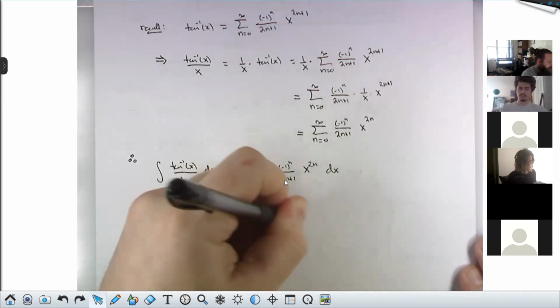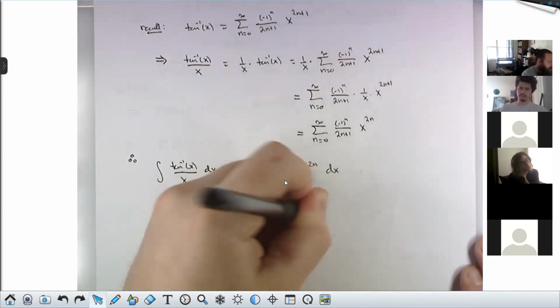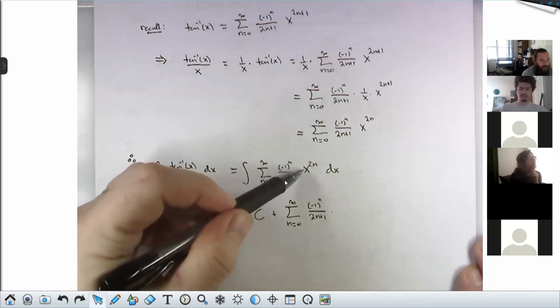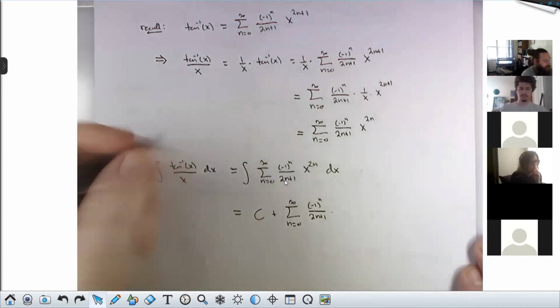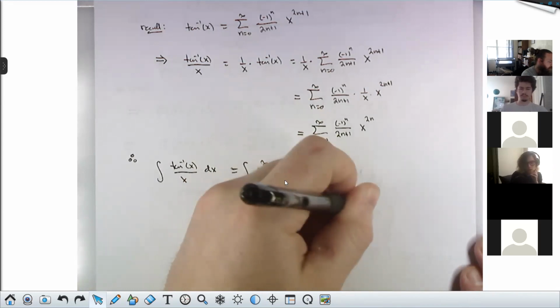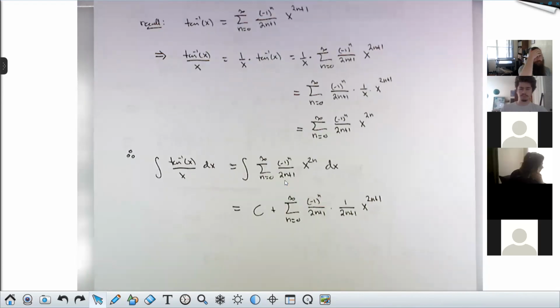Then we have sigma n from 0 to infinity, -1 to the n over 2n plus 1 times, here I add 1 to the power and I divide by that new power. So it's going to be 1 over 2n plus 1 times x to the 2n plus 1. And that's it, you're done.